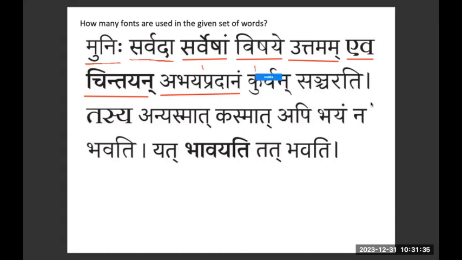They are same. Let me just write the number only. 1, 2, 3, 4, 5, 6, 7, 8. This will be 8. This is different. Yeah, so this is 6. This looks like something I've seen earlier. This is 5.